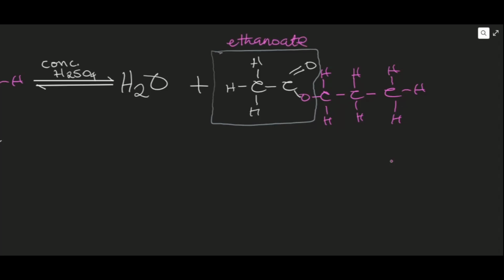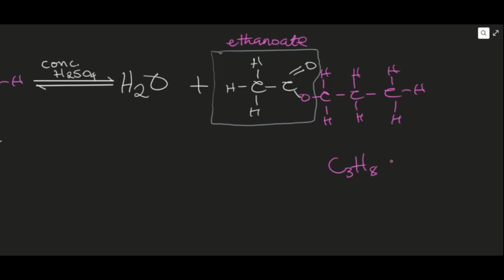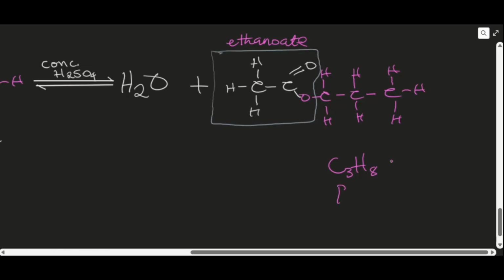And then the remaining part, if you remember, is like propane. Propane is C3H8, but this one is C3H7. So if it is C3H7, it is called propyl.